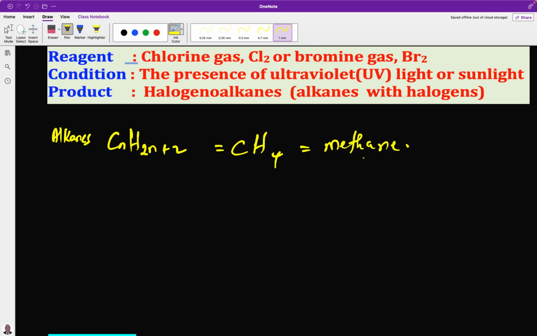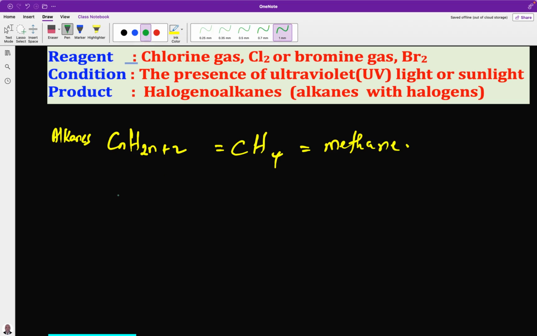We are going to do a halogenation substitution reaction of this hydrocarbon. As I said, all the hydrogen atoms in the methane are replaced one at a time, and energy is required. So let's start.